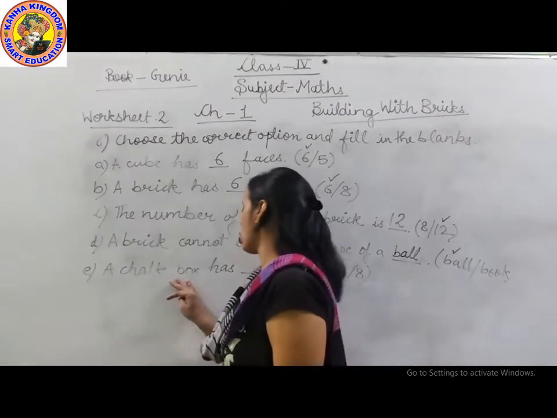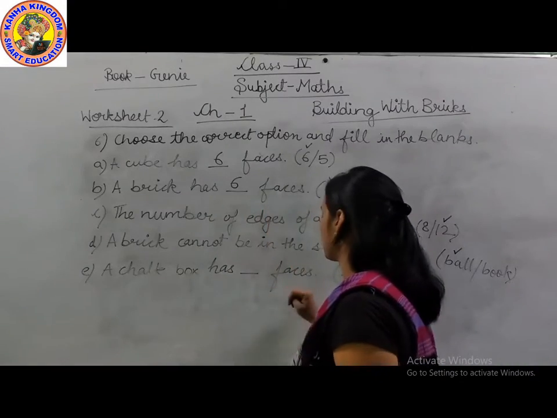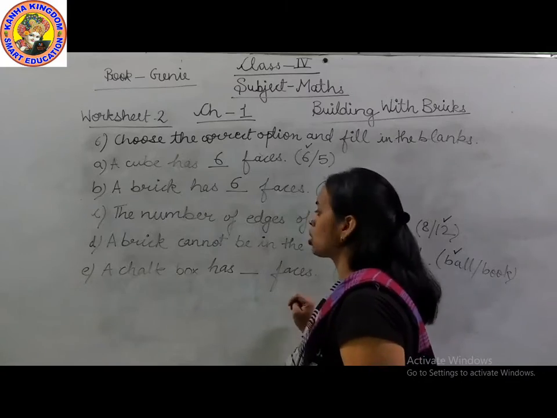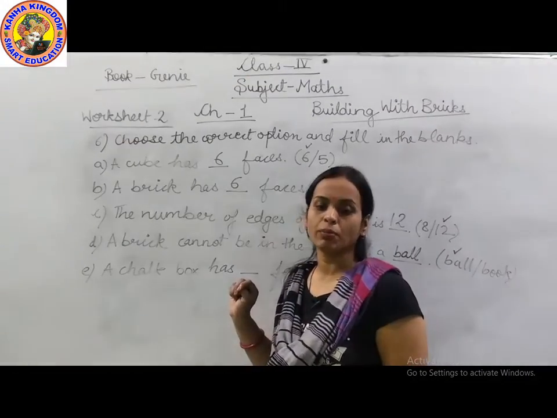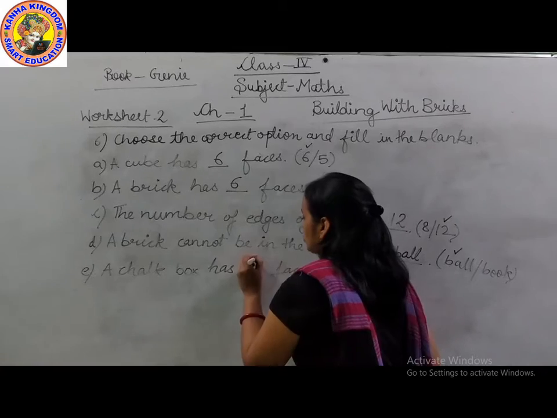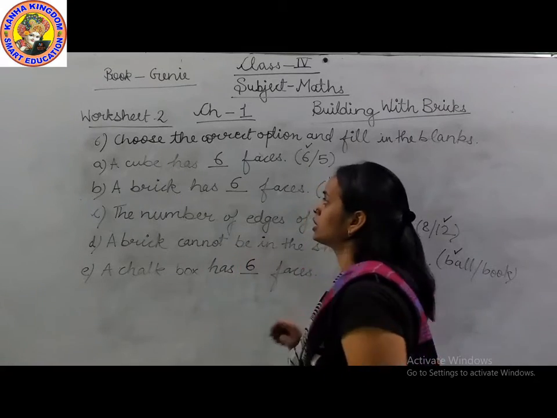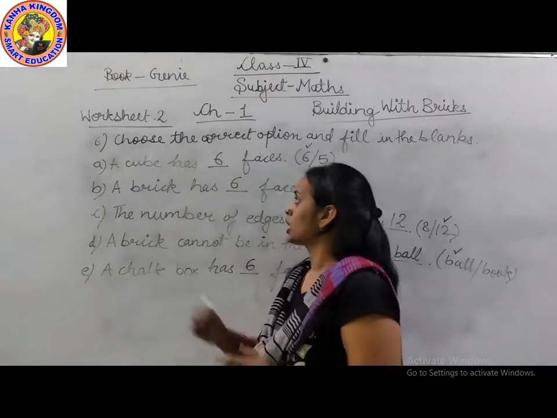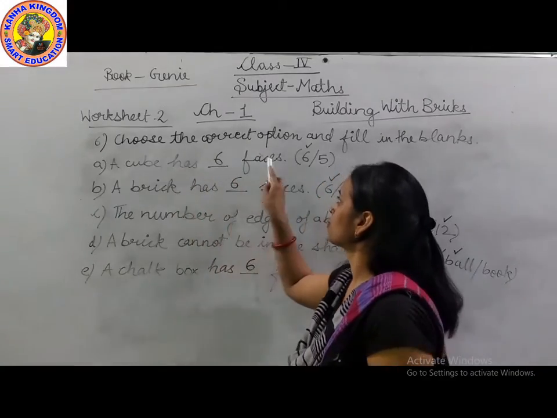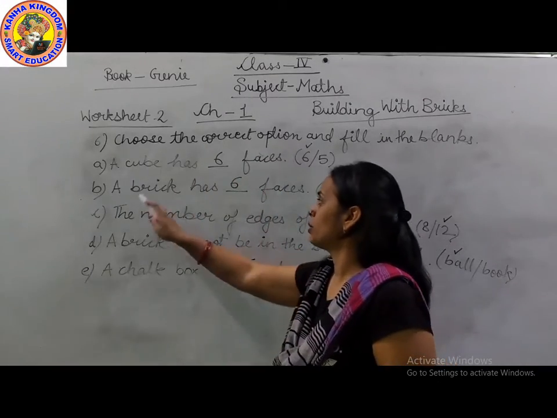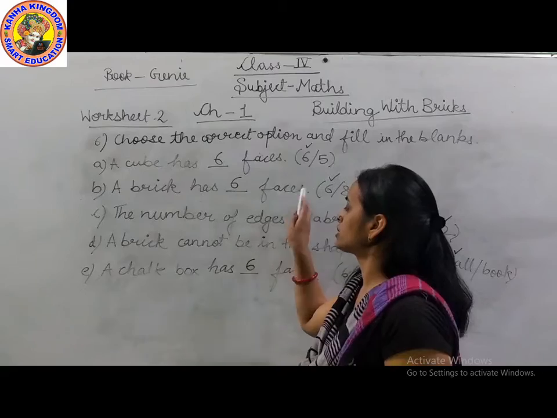A chalk box has dash faces. A chalk box looks like a cube. So we write here 6. So a cube has 6 faces. A brick has 6 faces.